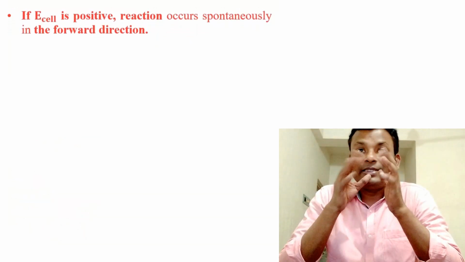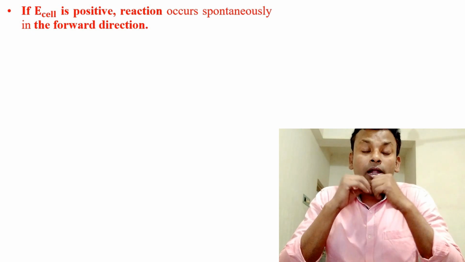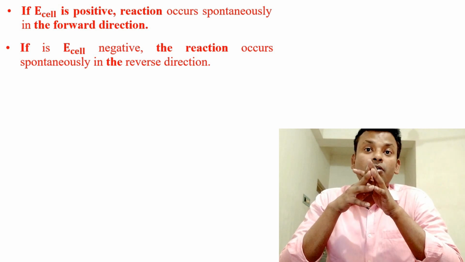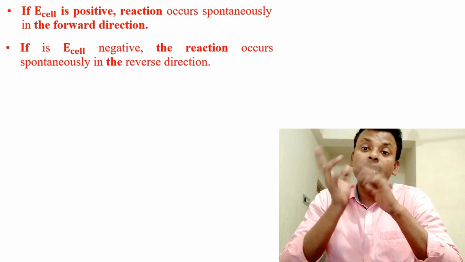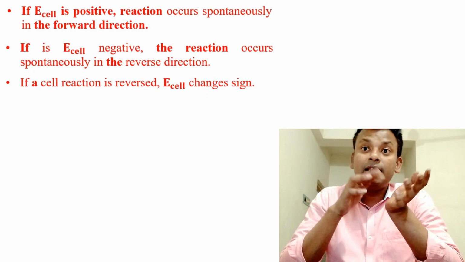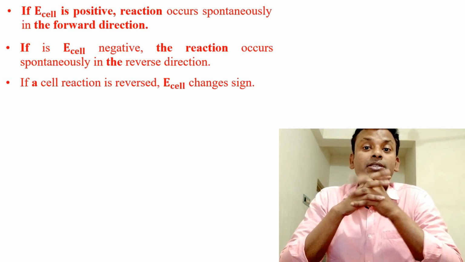If E cell is positive, reaction occurs spontaneously in the forward direction. If E cell is negative, the reaction occurs spontaneously in the reverse direction. If a cell reaction is reversed, E cell changes sign, meaning the sign of E cell will be changed.